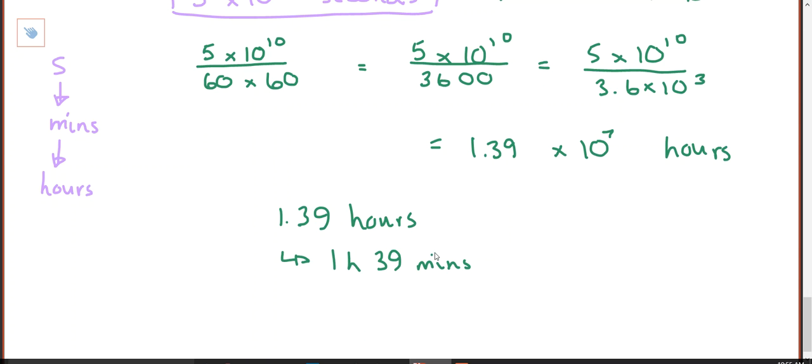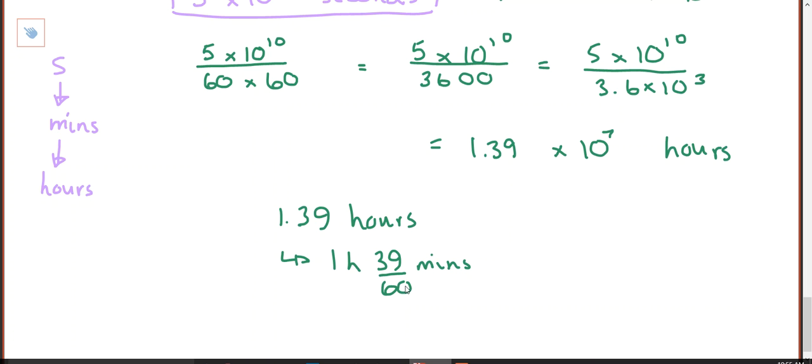It's really not, is it? What it is is 1 hour 39 out of 60 minutes, because we've got less than a whole hour. But in our notation and in our size of things, do I have less than a whole hour?